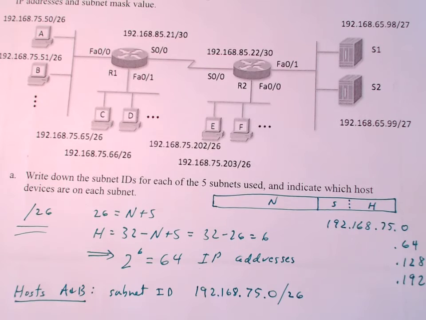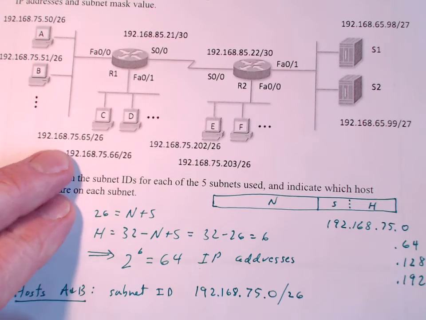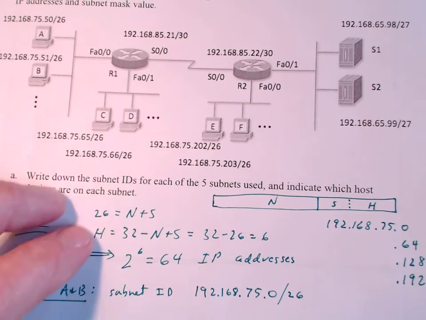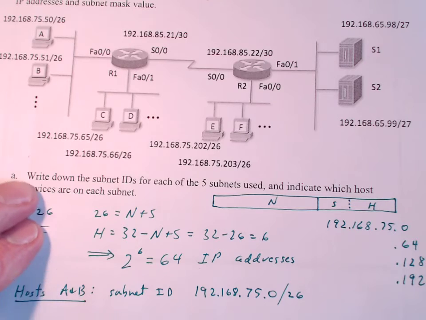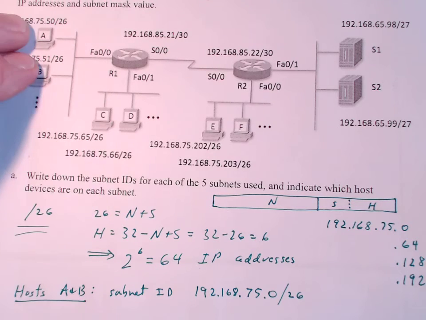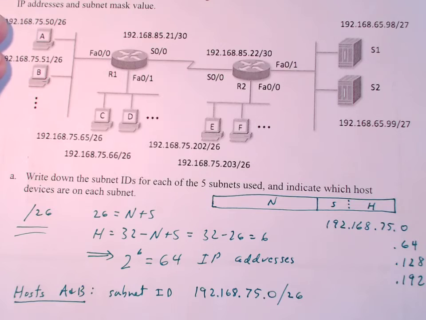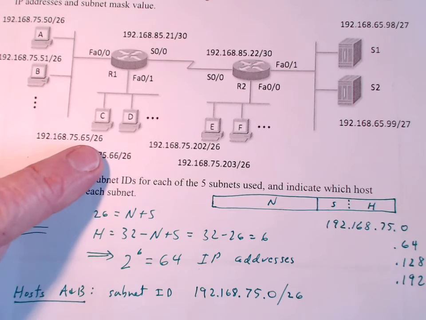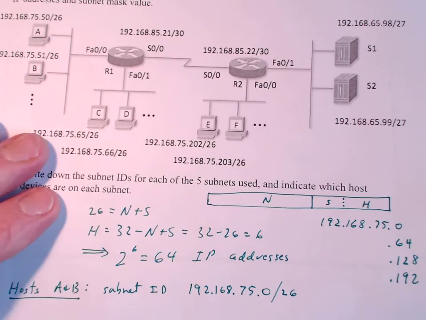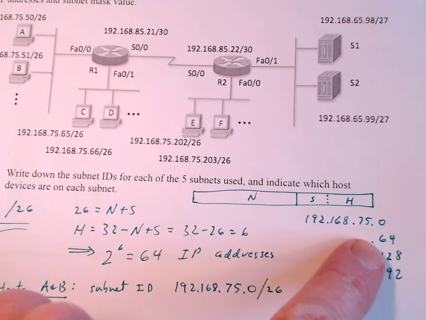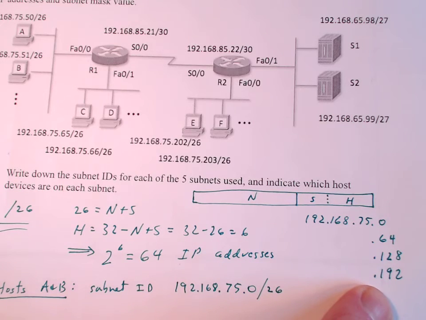Now you can immediately see for hosts C and D, they're in the same network because it's a .75 here, same .75, but their host number is 65 and 66. And so the question is, which of these 4 ranges?